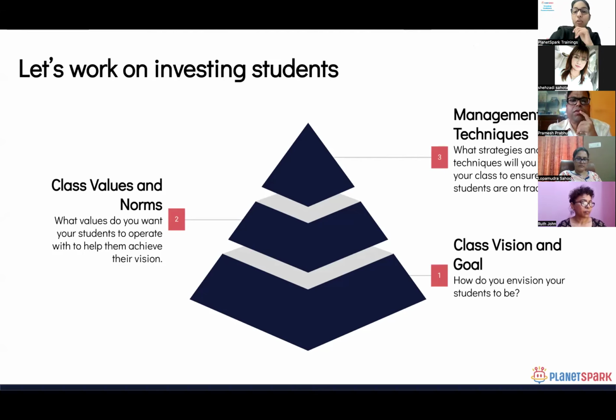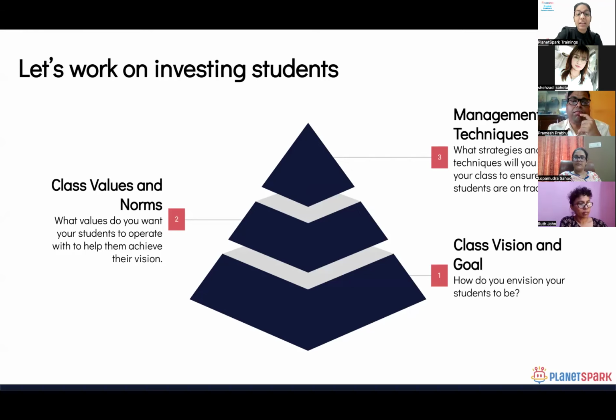Now, what kind of techniques or strategies can I use in my class so that my students are on track towards achieving that vision or goal? In a lesson plan, your starting point would be your objective. Similarly, for investing students, your vision needs to be your starting point.